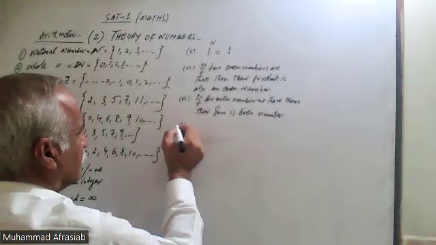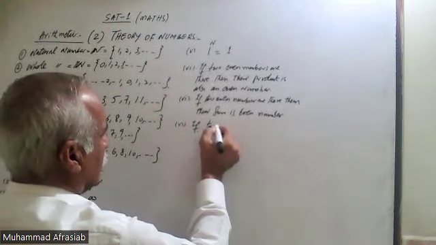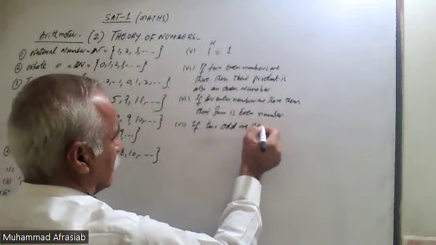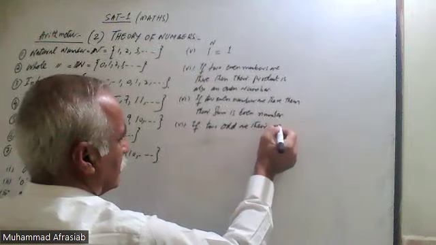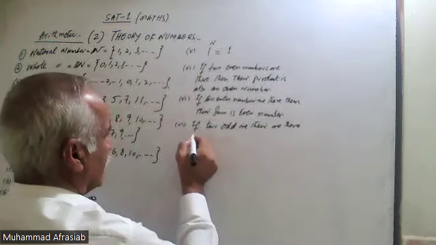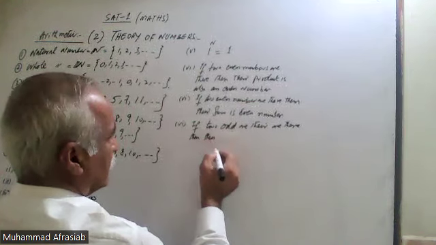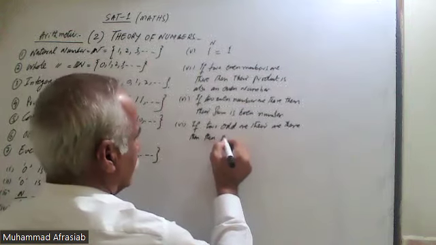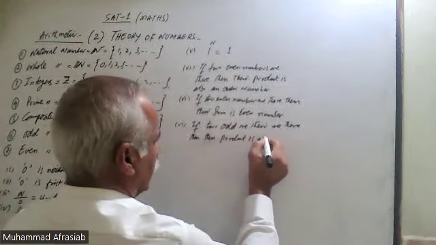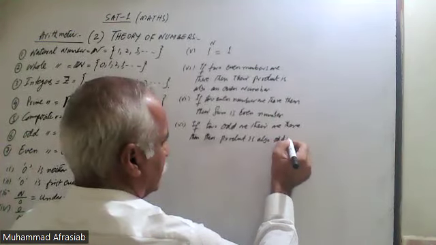If two odd numbers are there, then their product is also an odd number.